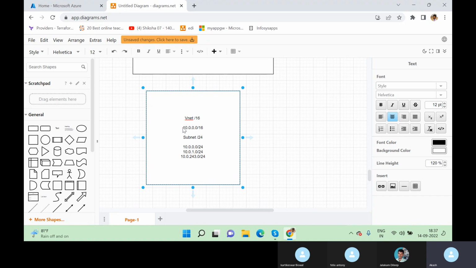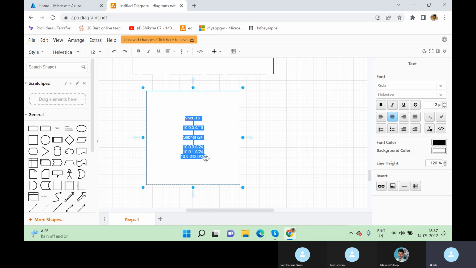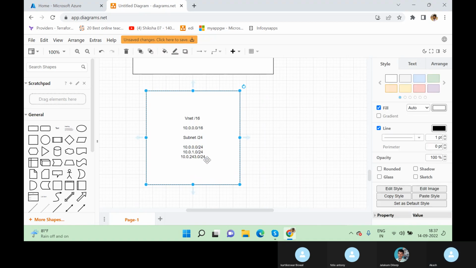My subnets are created from my VNet. So did you understand this concept of how you create subnets out of your VNet? If you didn't understand, I'll have to explain in a different way.